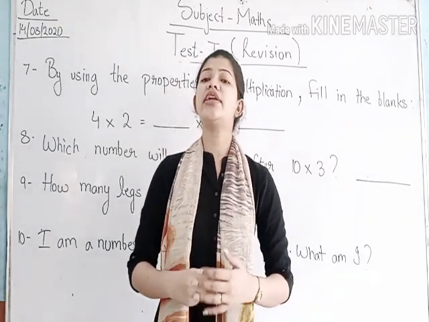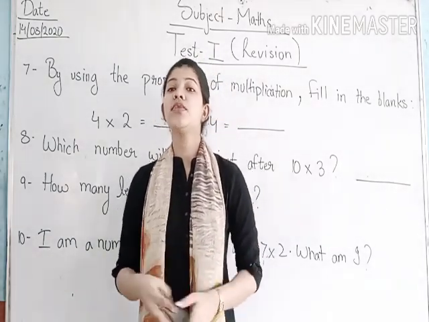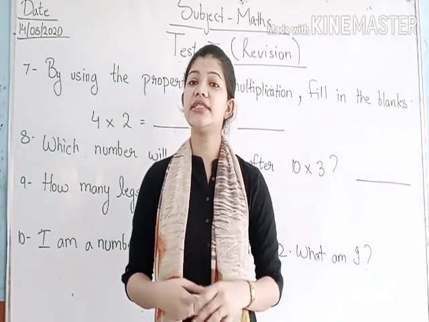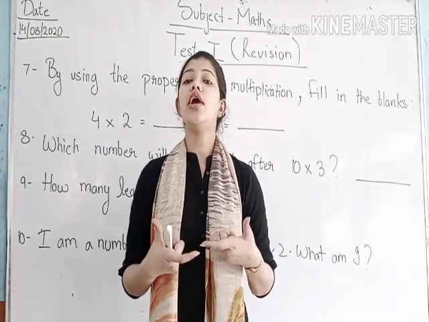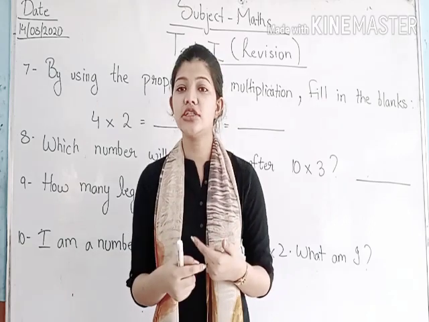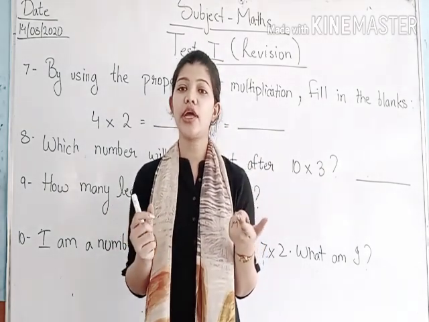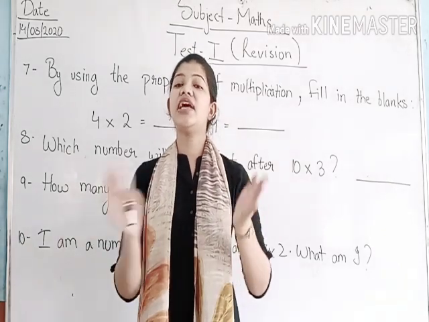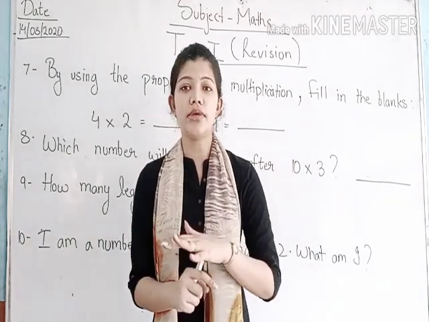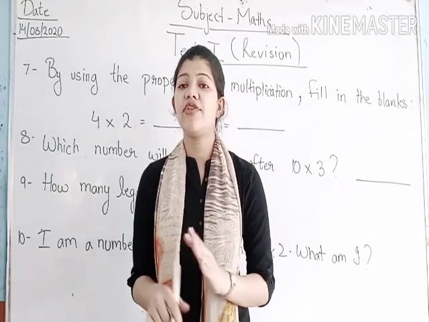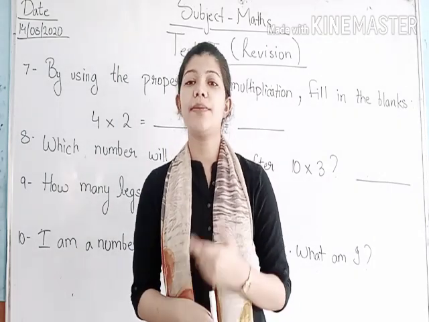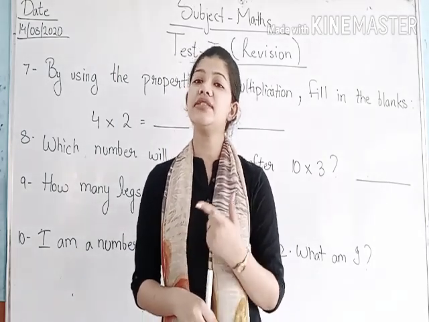Order property tells us that if the order is changed, then the product will remain the same. Changing the order of numbers will not affect the product.